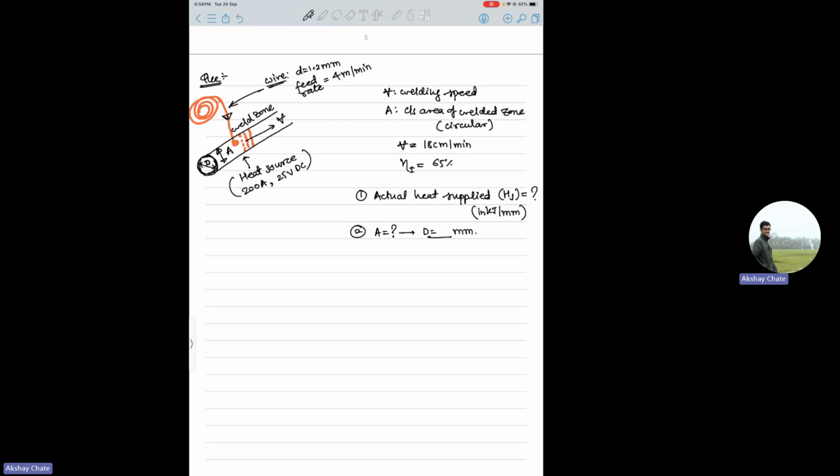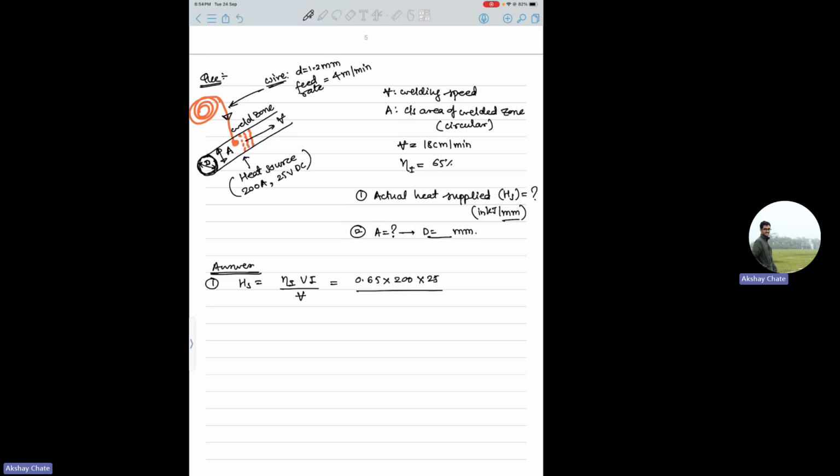See, the first part we have just done. So HS is nothing but efficiency into V into I divided by the welding speed. So here it is 0.65, 200 amperes into 25 volt DC, divided by the welding speed, which is in centimeters, so we'll convert everything into standard units.